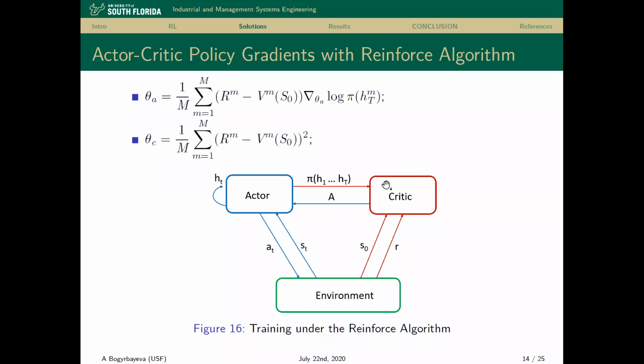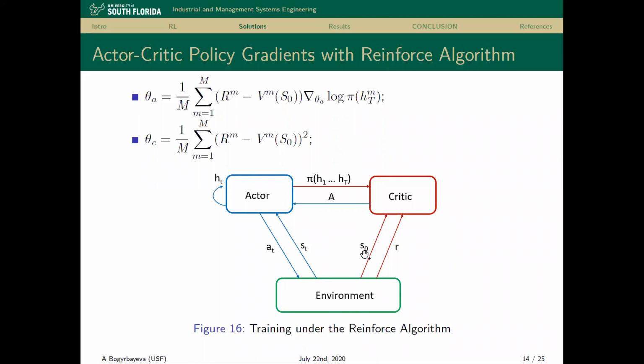The critic, on the other hand, is only concerned with giving feedback to the actor by approximating the value, the total time it expects to spend in the given network, by only taking the initial state.